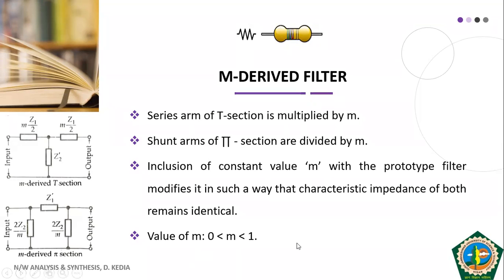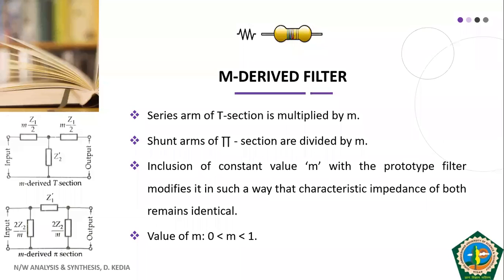Then we had seen how we obtain M-derived filter from the prototype filter. In case of T section, the series arm of the prototype filter is multiplied by a constant M, and in pi section, the shunt arm of the prototype filter is divided by constant M. This M is a real value, lying in the range from 0 to 1.